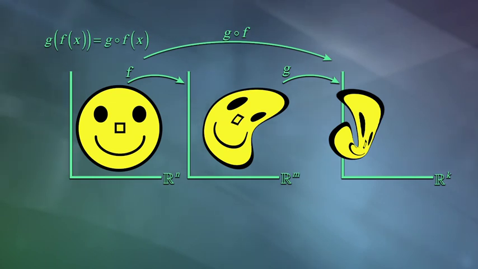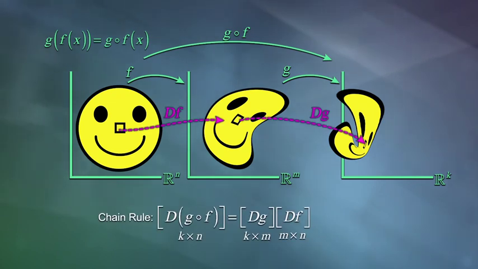Well, just like in the single variable case, you multiply the derivatives of g and f, which in this case are matrices. It should be plausible that you do this because the determinants of these matrices describe the approximate scaling factor of these transformations. Then the scaling factors should multiply if you do f first, then g. The dimensions of the multiplication make sense here too, because a product of a k by m matrix and an m by n matrix is a k by n matrix.